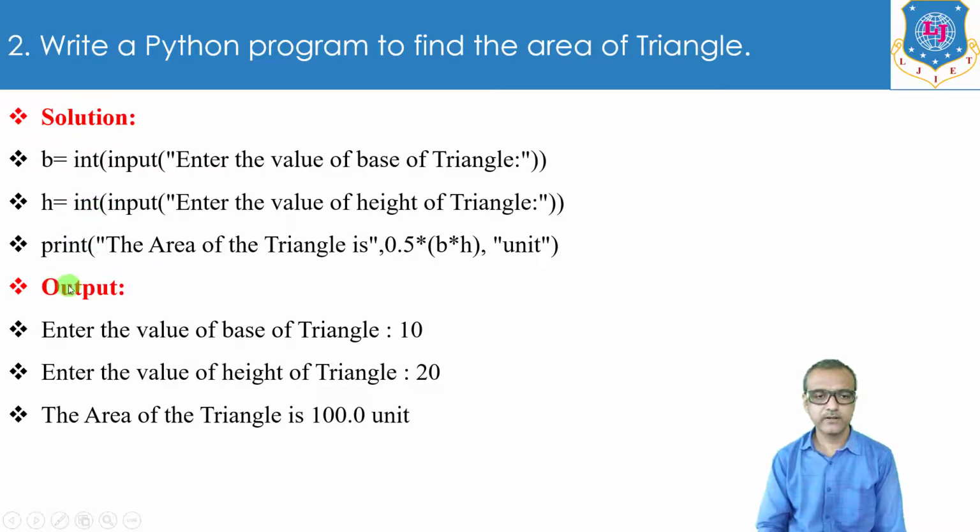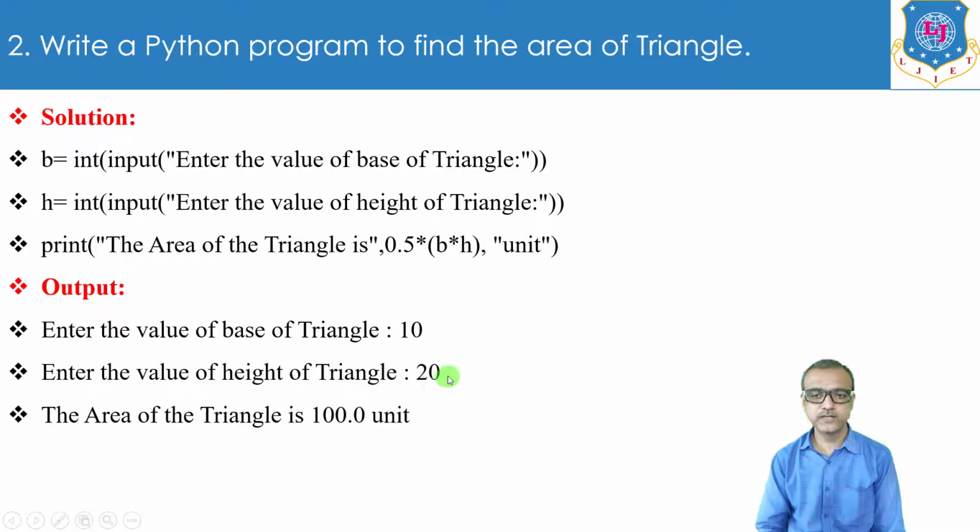Then after, print, the area of the triangle is, 0.5 into b into h. This is nothing but the formula to find out the area of a triangle, that is half into base into height, unit. So what will be the output? Enter the value of the base of triangle. Say the user has entered 10. Then after, enter the value of height of triangle.